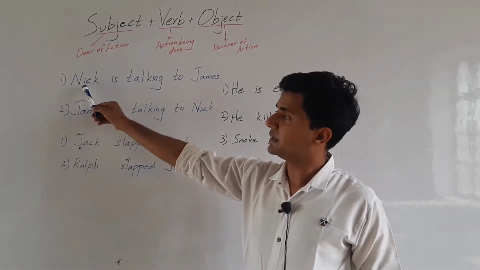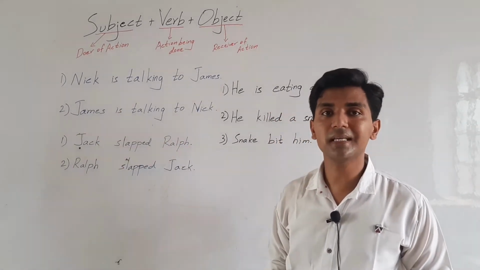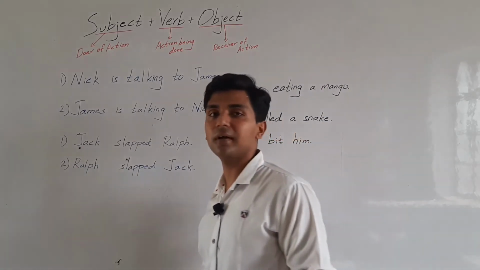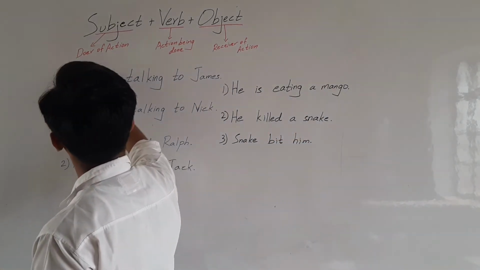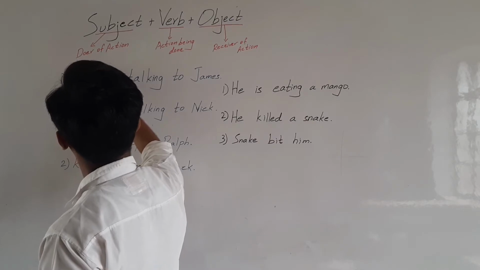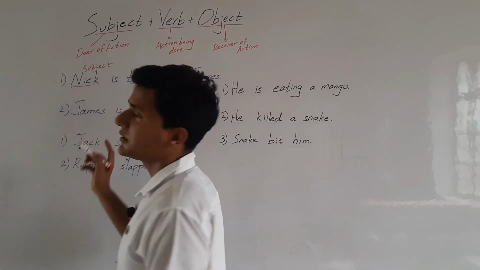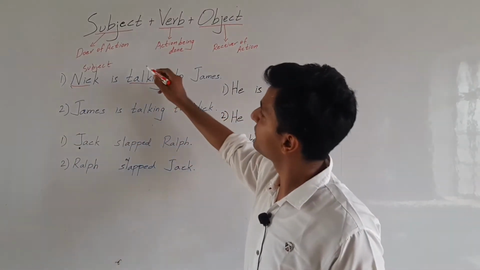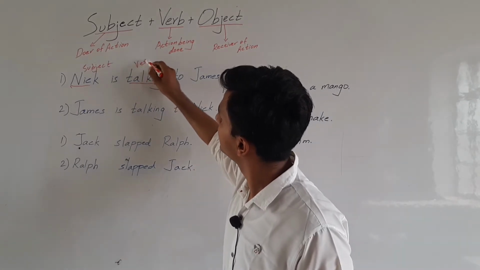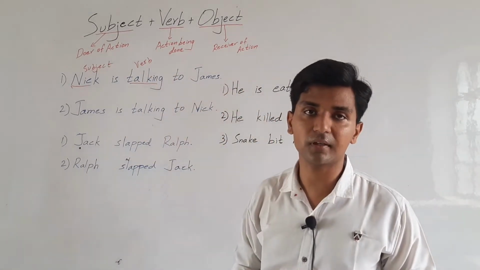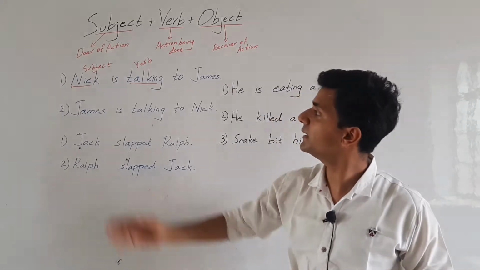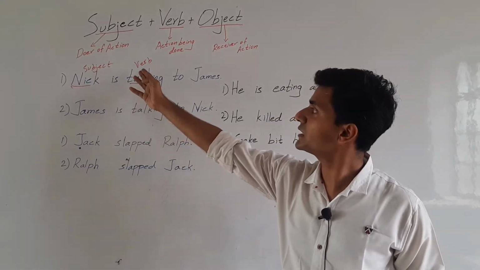So here Nick is subject because Nick is talking. So I will write here as a subject Nick, and after that talking. So here talking is verb. Talking is verb because his action is talking. What's the action being done by Nick? Nick is doing action of talking.